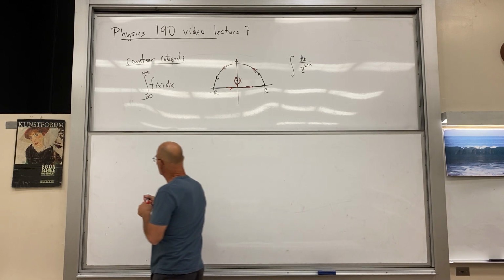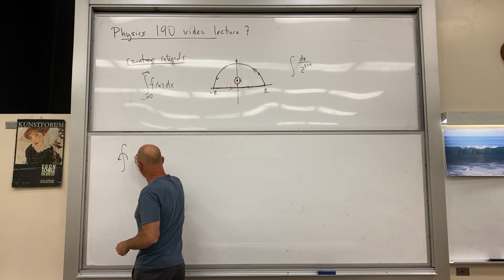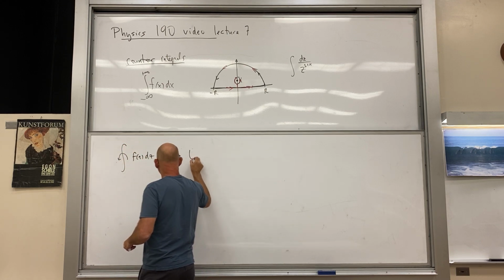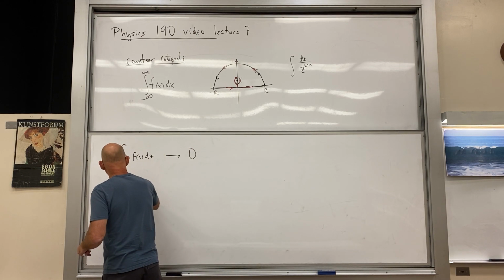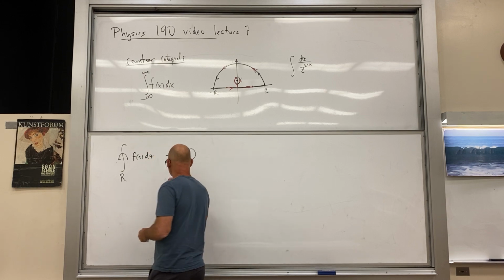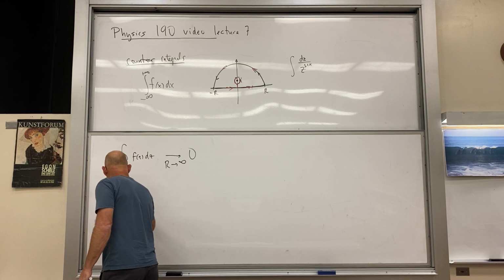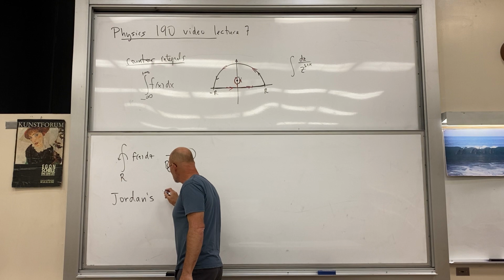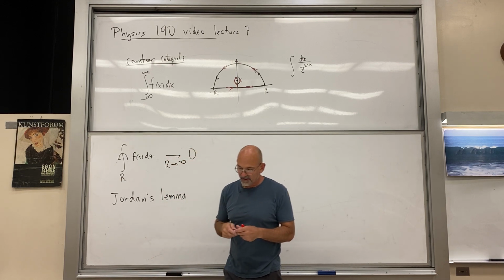So again, what we were doing was this integral here, I'll just designate it like that. f of z dz, it's self-vanishing as r goes to infinity. So we have something called Jordan's lemma. That's an interesting tool, and it's going to state the following.